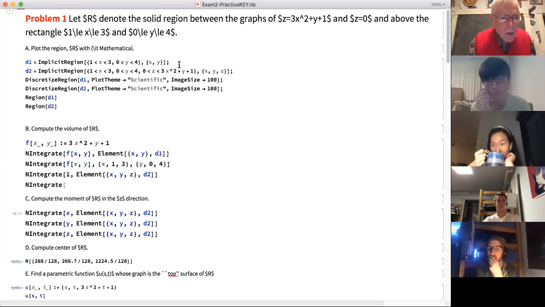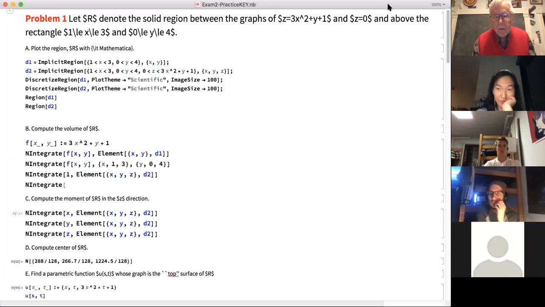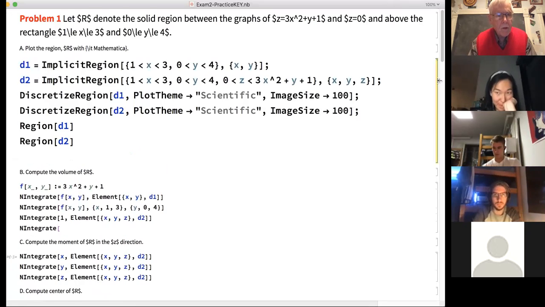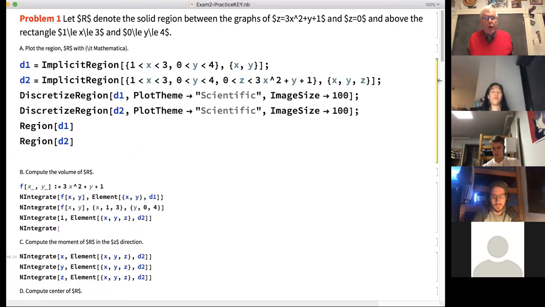So here I define, let's see, this is getting in the way a little bit, but here we define D1, and this is just a little rectangular region over which this thing lies. So I did that because this could be a region over which we integrate.